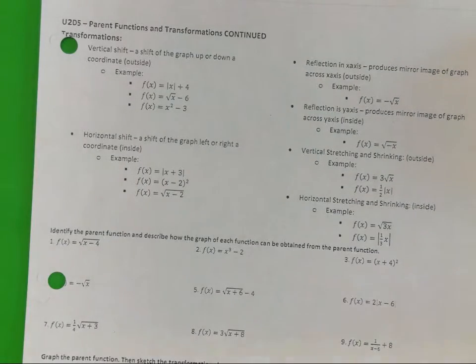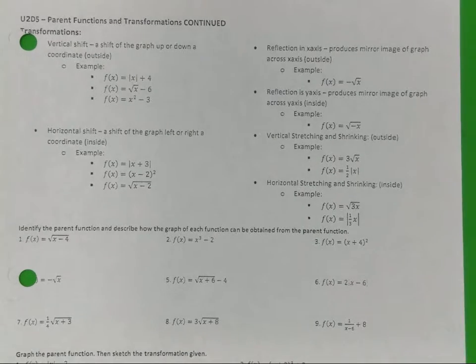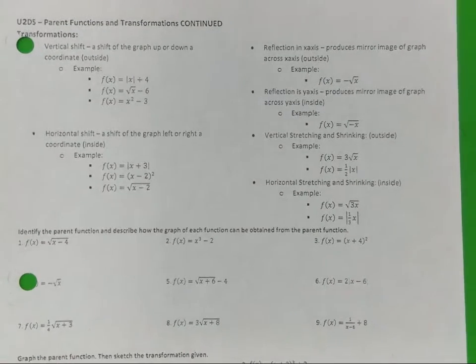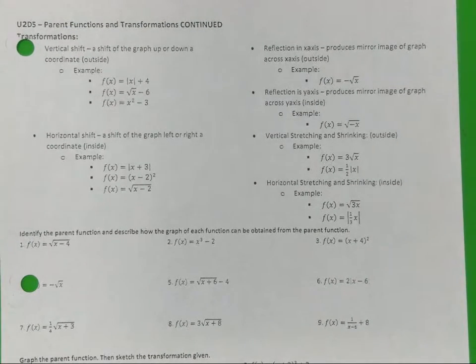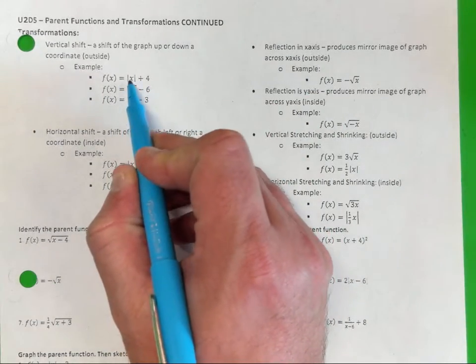Today we're going to learn some rules, and you probably are familiar with these rules, and I have ways of remembering some of these things. All right, so talking about the rules, on this one right here, what's the parent function?